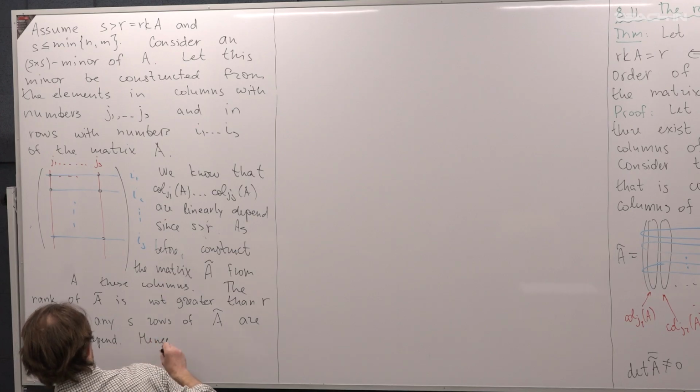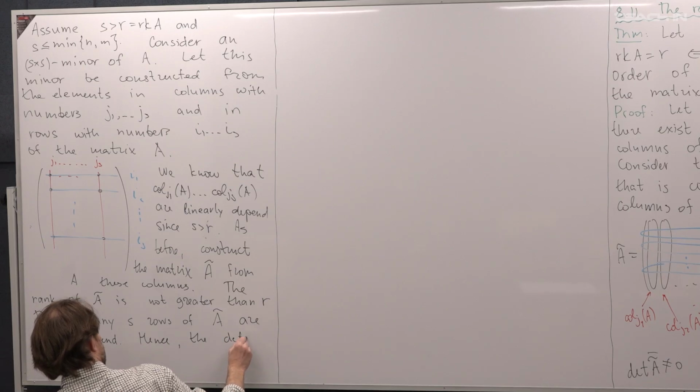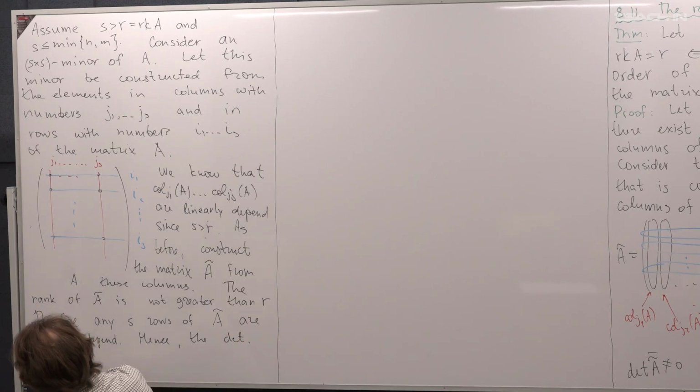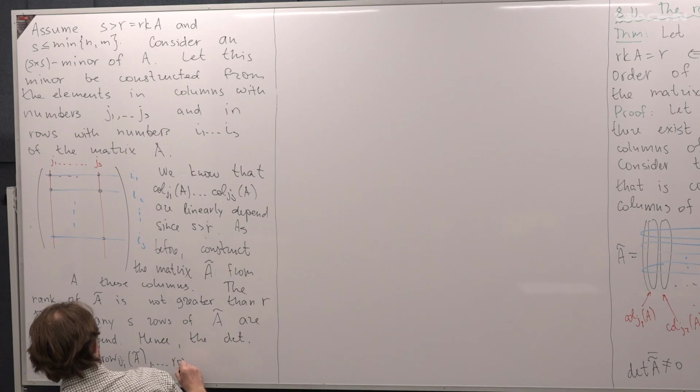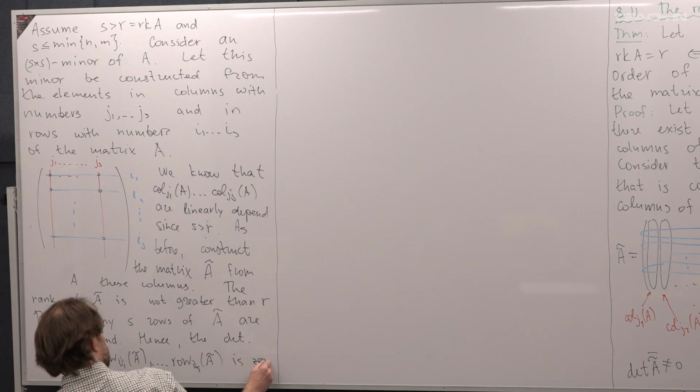Hence, the determinant formed by the rows of this matrix with numbers I1, etc., Is is 0.